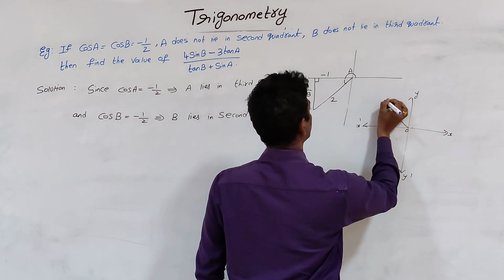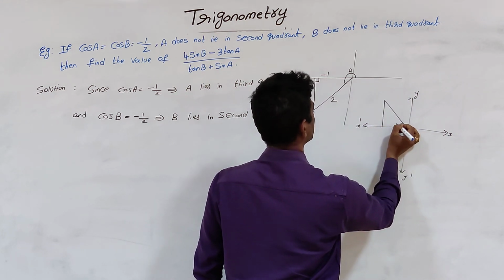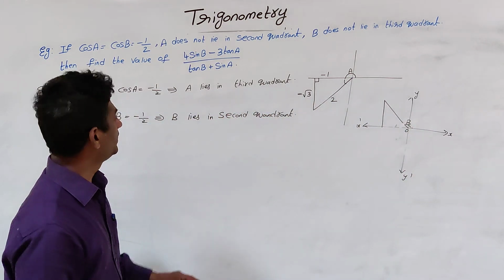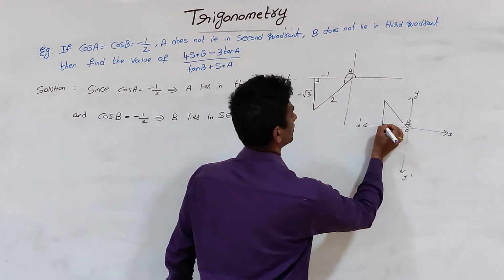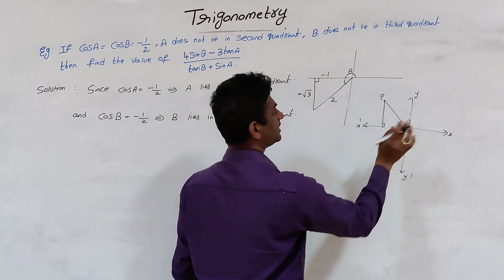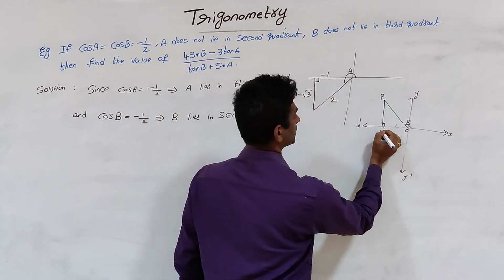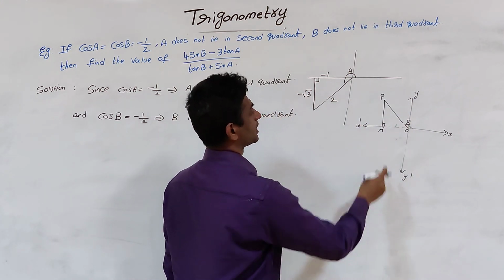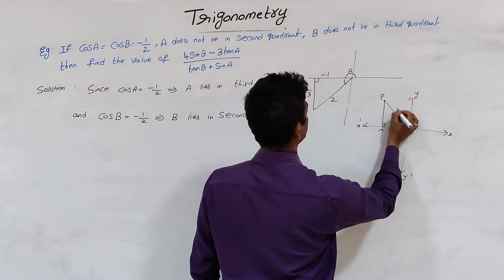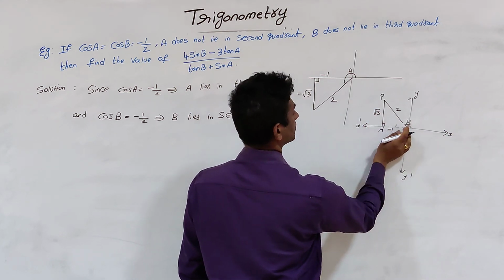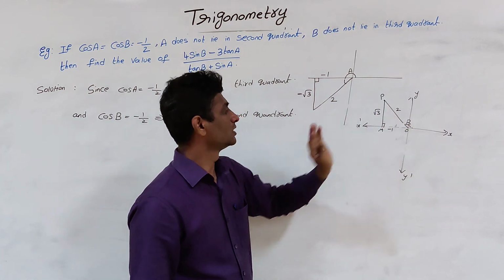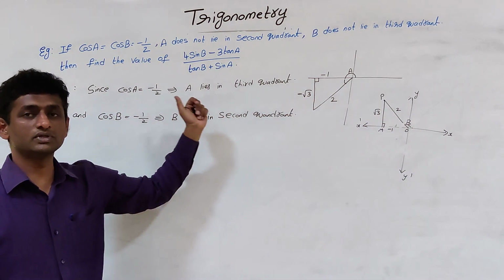If we draw a perpendicular line, then this will be angle B. For angle B, OP will be the hypotenuse, OM will be the adjacent side, and MP will be the opposite side. So -1, and this will be again 2 and √3. As in the second quadrant, the x-axis should be negative and the y-axis should be positive. So these are the figures from the given data.